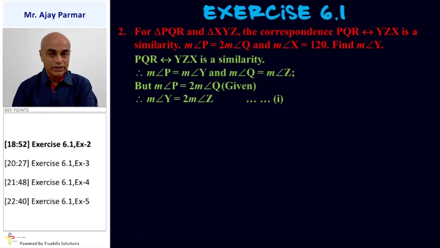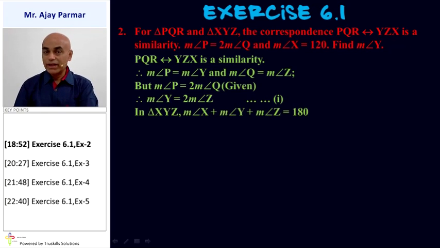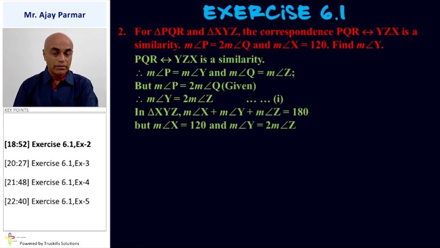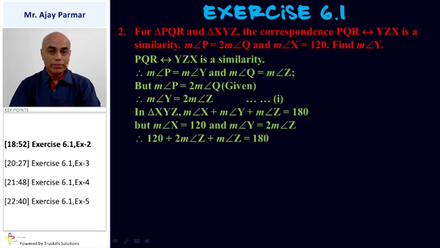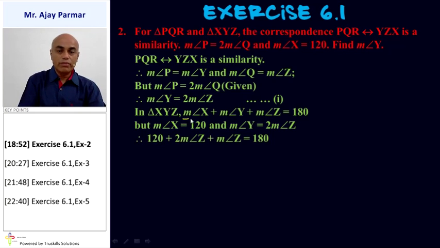Also, measure angle X is given. And therefore, measure angle X plus measure angle Y plus measure angle Z is 180. But measure angle X is 120 and measure angle Y is 2 measure angle Z. So 120 plus 2 measure angle Z plus measure angle Z is equal to 180. Because instead of measure angle X, we can write down 120.